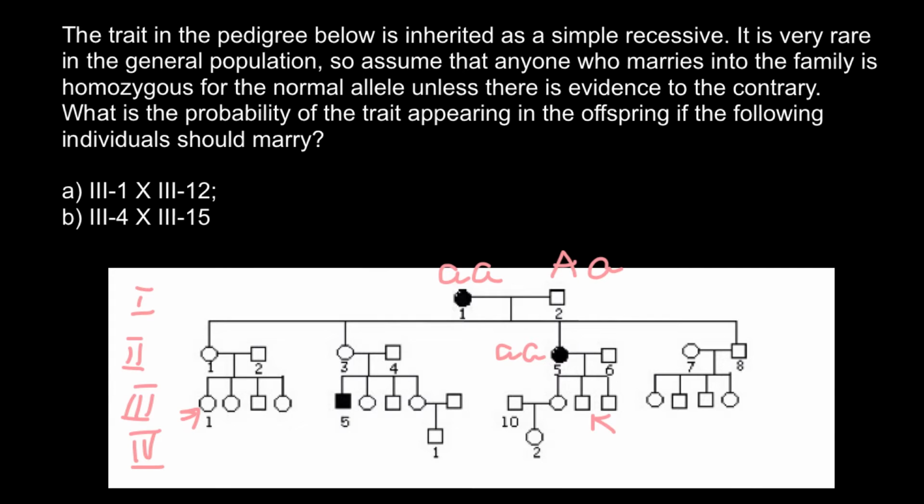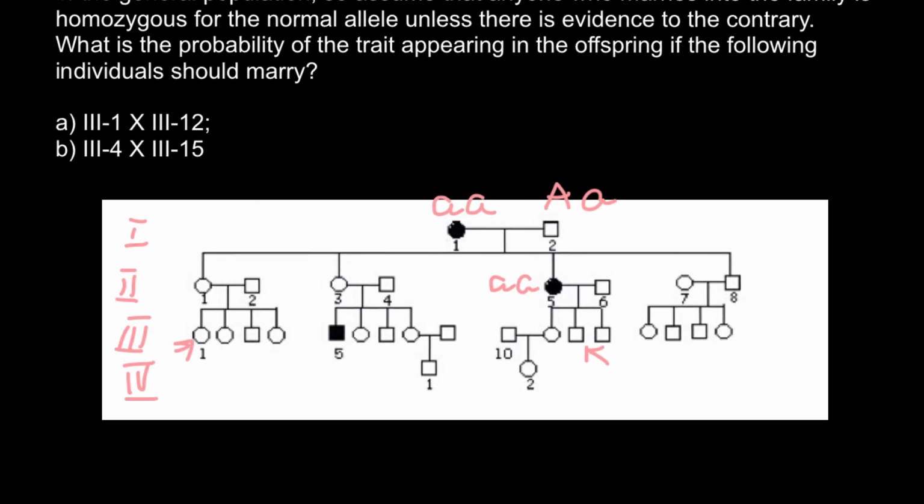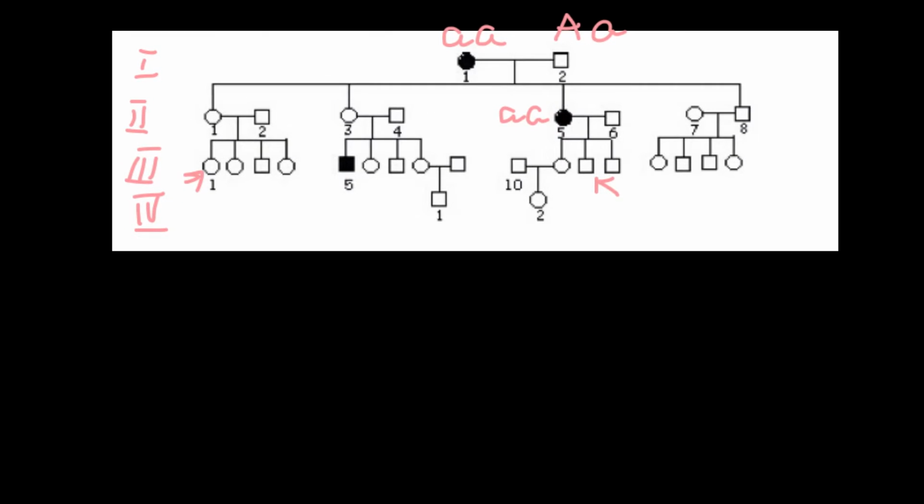So let's build a simple Punnett square. Once again, this is the genotype of one parent, this is the genotype of the other parent. So the male parent genotype on top, and the female genotype on the side.